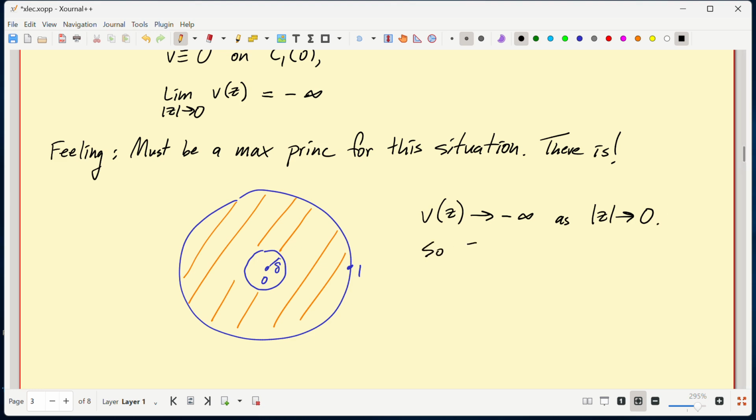So there exists a delta such that delta is less than 1, such that v of z is less than minus 1. Pick any negative number you want there instead of minus 1, when mod z is less than delta.